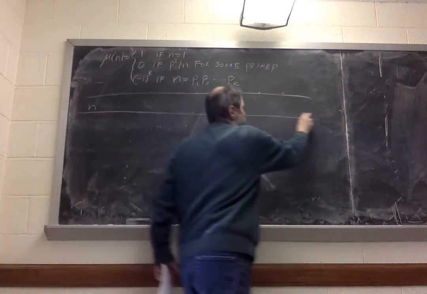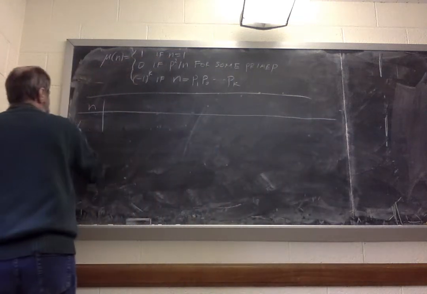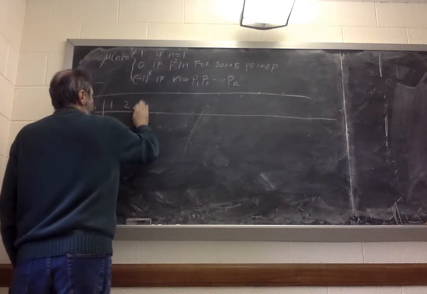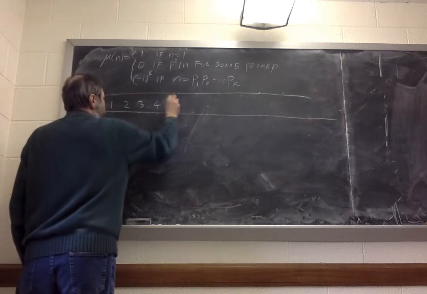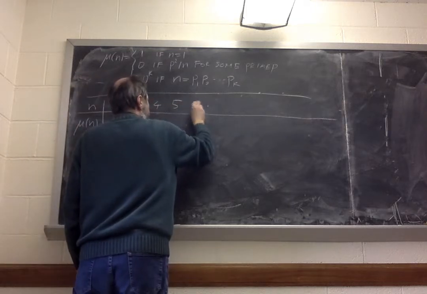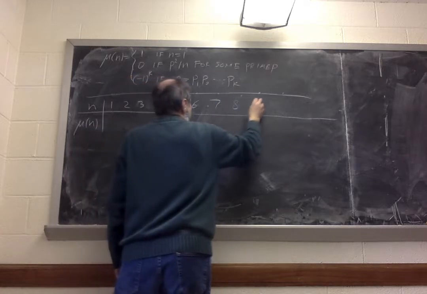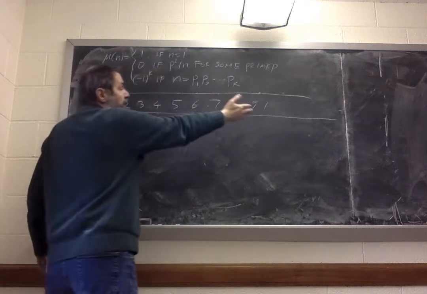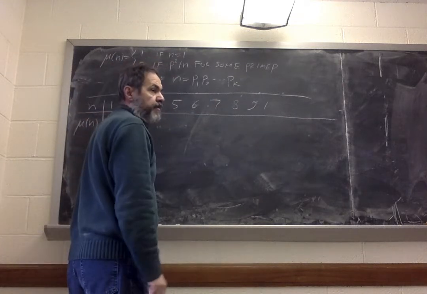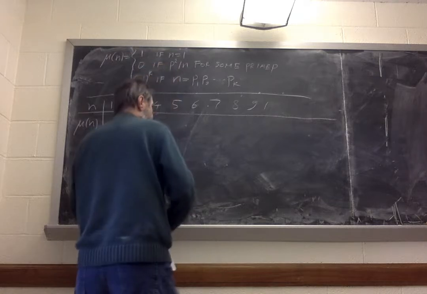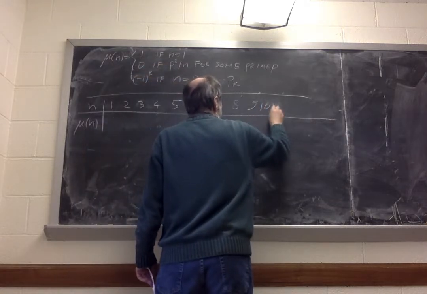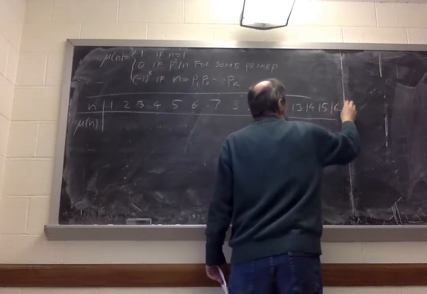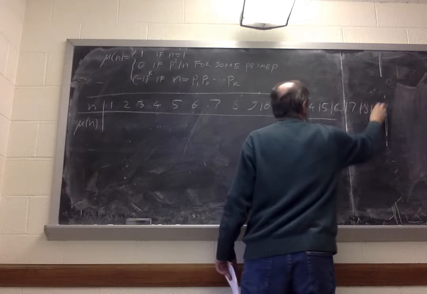Let's compute the Möbius function for all numbers up to 20: 1, 2, 3, 4, 5, 6, 7, 8, 9, 10, 11, 12, 13, 14, 15, 16, 17, 18, 19.